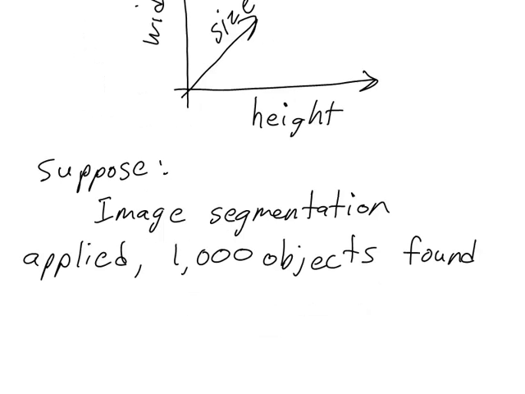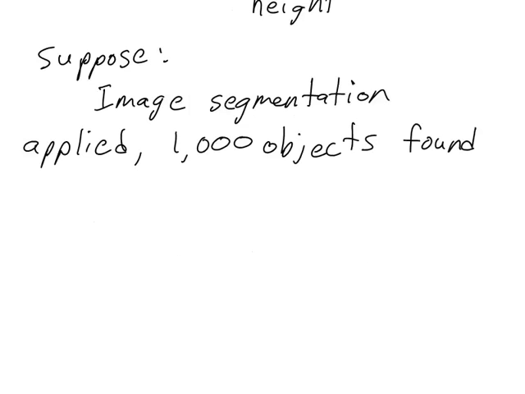We can know how many objects were found by the image segmentation algorithm by looking at the largest label number that was applied to any objects in our object matrix. Next, we will create a loop. This loop will iterate from 1 to the number of objects found, in this example 1000.